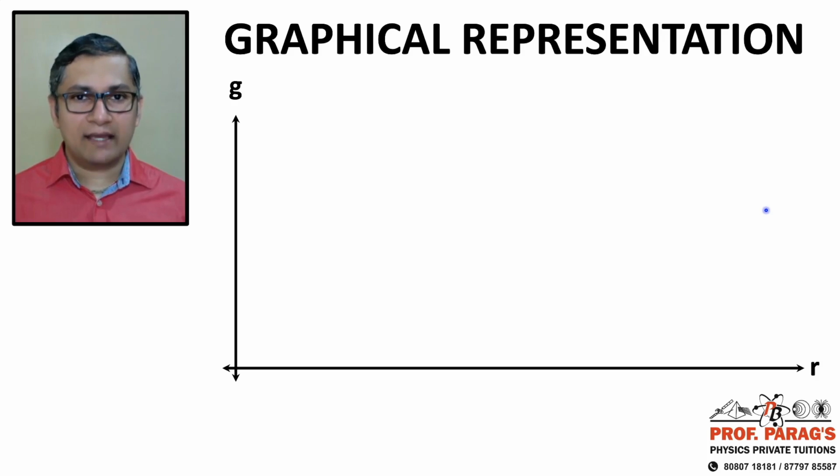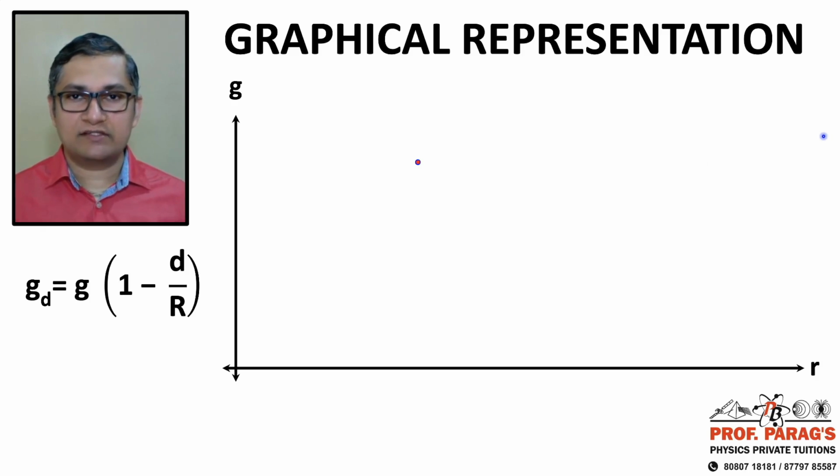Let's consider the basic formula that we know, that is gd is equal to g into brackets 1 minus d by R. So what we have here is a point. Now how do we get the coordinates of this point, the x and y coordinates?